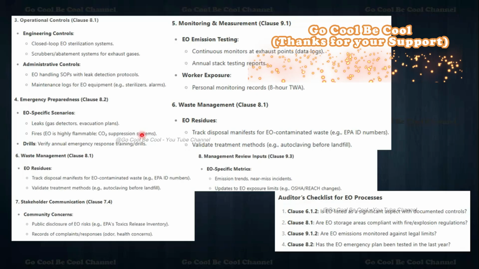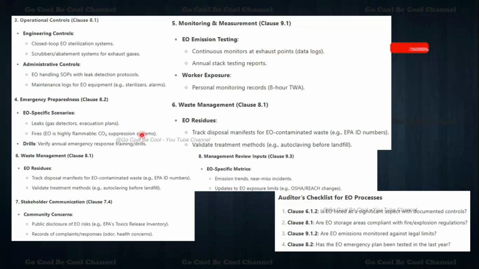So you are targeting clause numbers everywhere, and it will be really helpful for the trainer to make sure that your answer paper will get full marks. Then community concerns, and monitoring and measurement: EO emission testing, worker exposure, waste management, EO residues management, and everything.